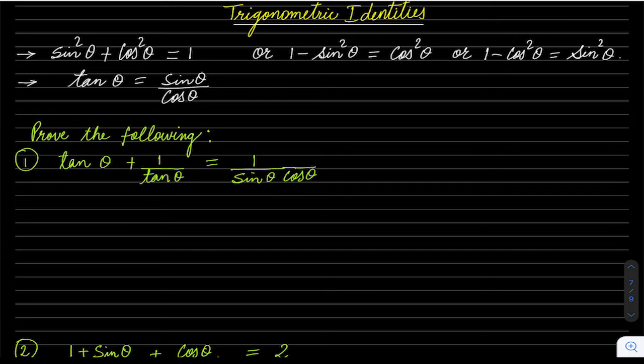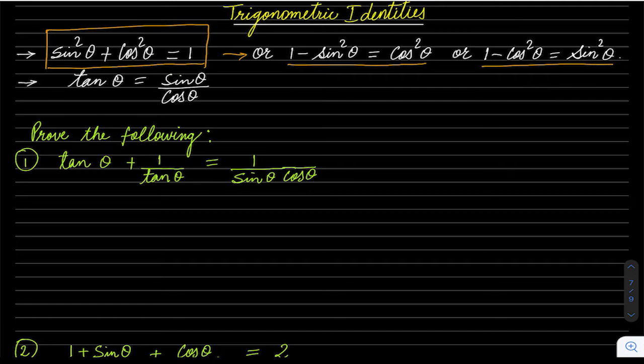So first thing is, what are the identities that we should remember? The first identity that we should remember is that sine square theta plus cos square theta is always 1. Or sometimes we remember this as 1 minus sine square theta equals cos square theta, or 1 minus cos square theta as sine square theta. All these three are the same.